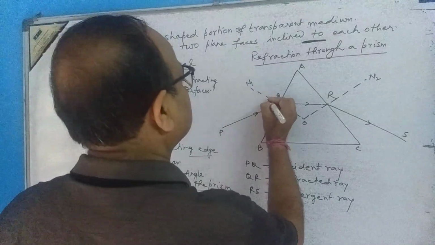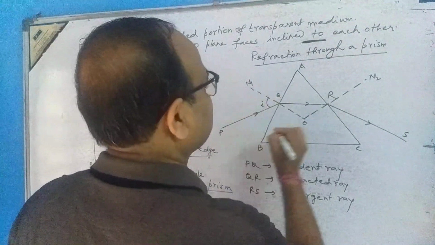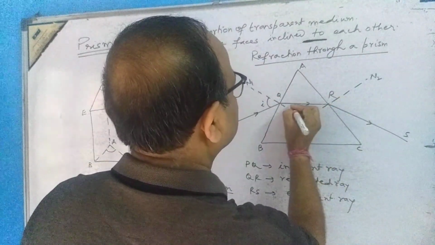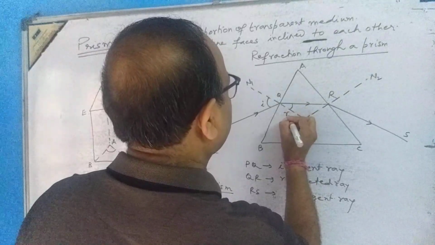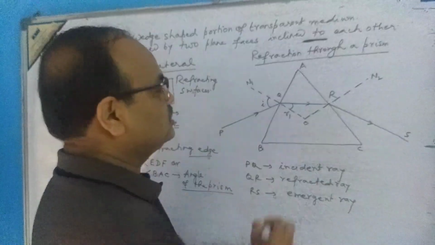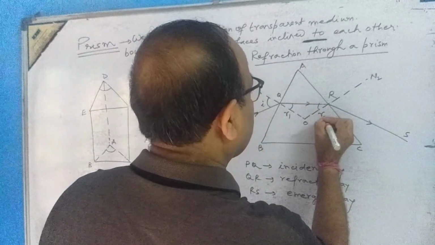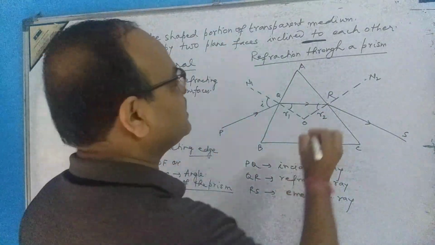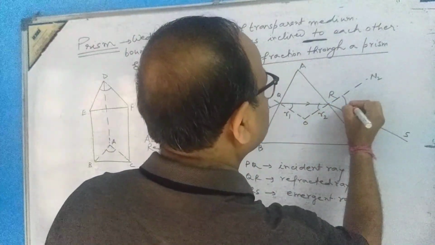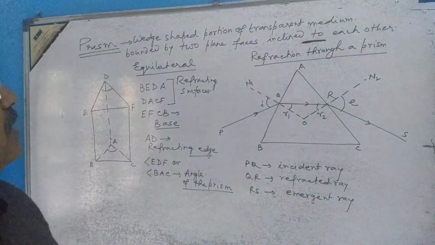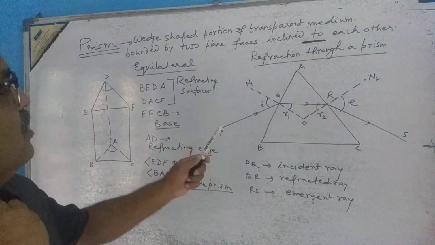Then this angle will be i, this angle will be r1, this angle will be r2, and this angle will be e. Let us see what we are getting.